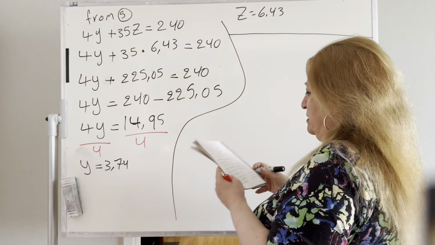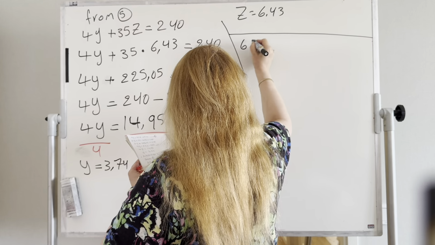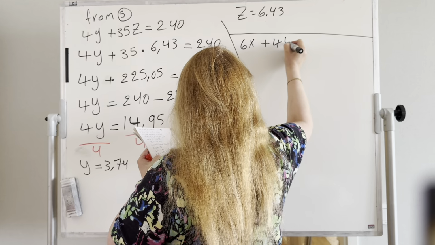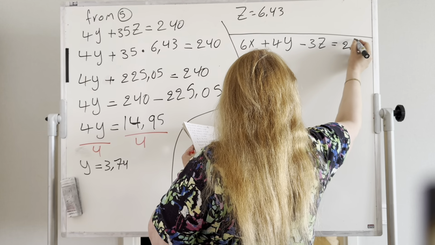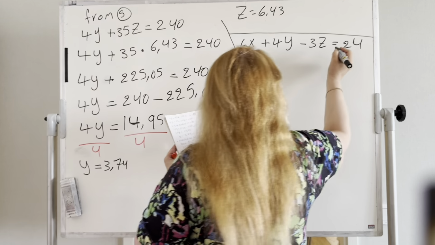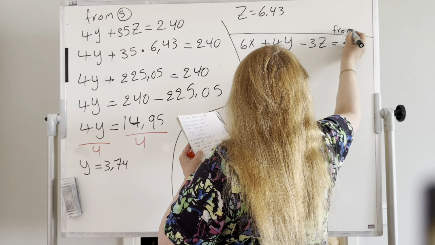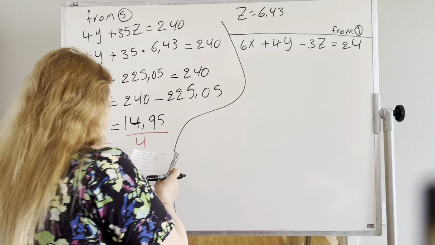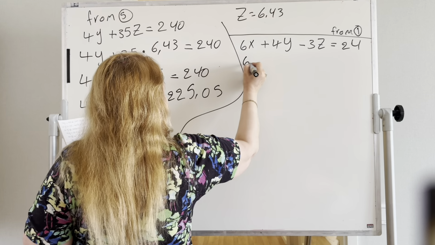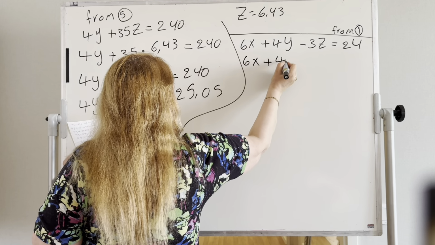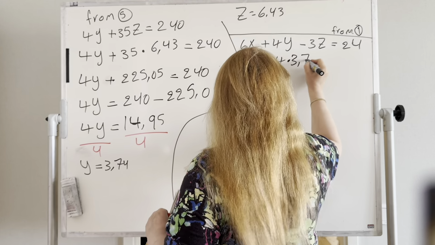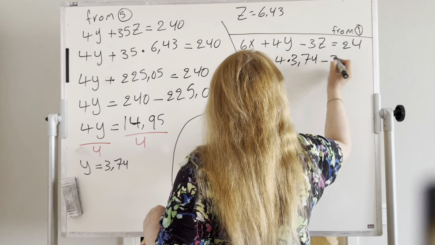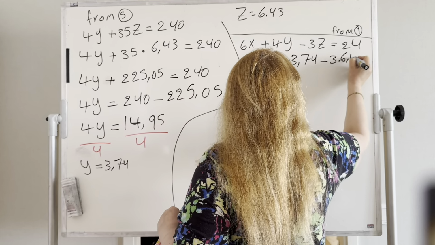So I will write equation number 1 to find the value of x. 6x plus 4 by 3.74 minus 3 by 6.43 equal 24.